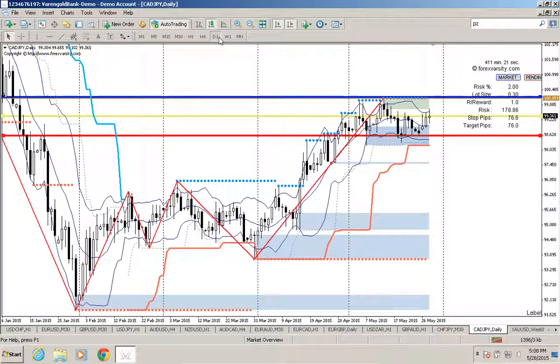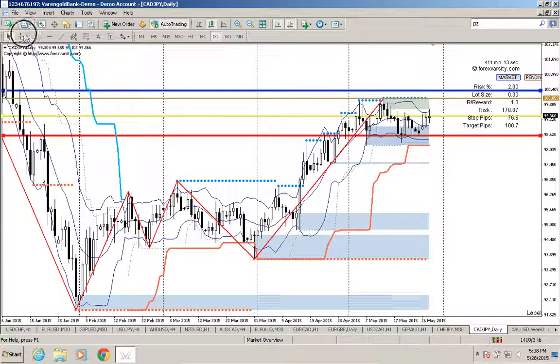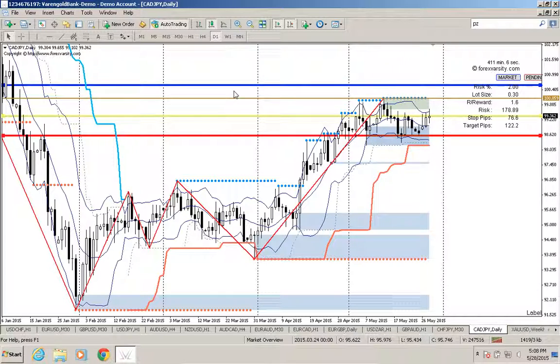But then your take profit, you know price needs to break 100 to make a new high on daily. So then you can put your take profit past that. And you can put it quite far past it if there's nothing else stopping it. You guys can't see now, but my stop loss is around 98.